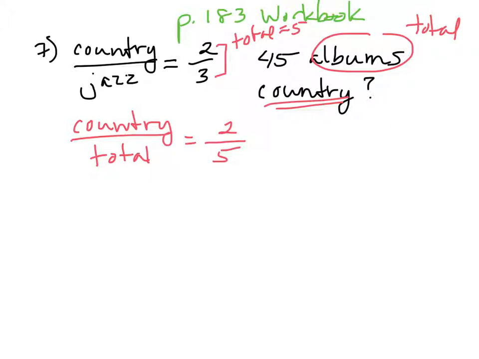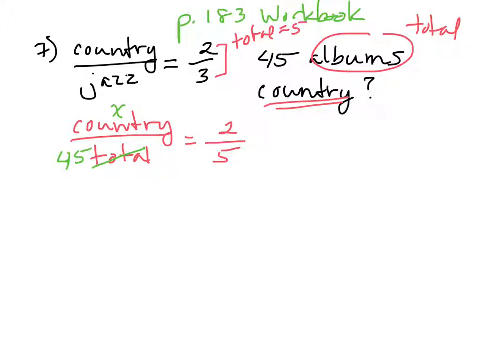So that's a little bit more difficult than what we were looking at earlier. And do I know country or total on the left side of this proportion? What did they give me? They gave me total, right? So I know that this is 45. So I can replace the country with X and just solve using algebra.